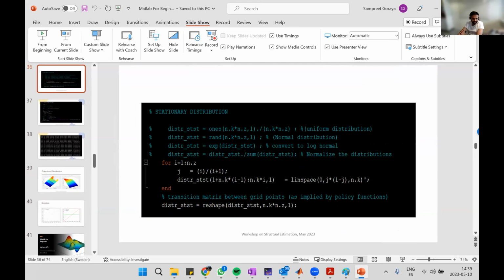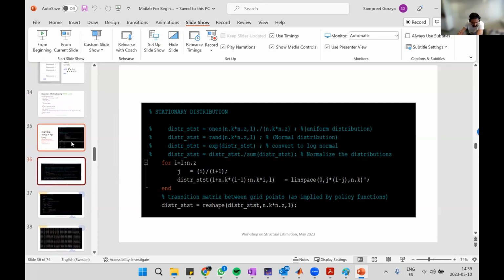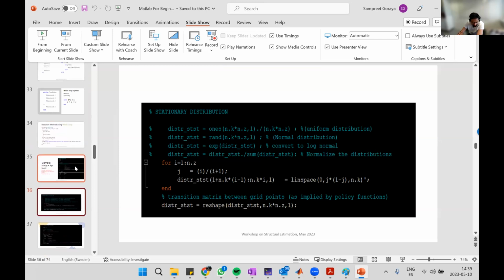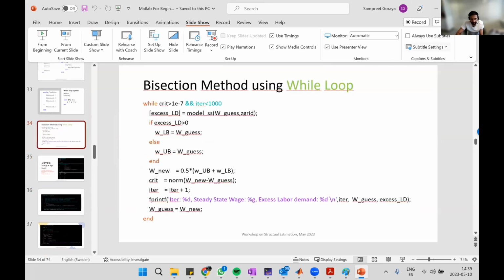Is that okay, Arushi? Okay, perfect. In the meantime, please go through these slides very quickly, and I'm happy to answer a few questions. I'm going to use this bisection method that I just showed you to pin down the prices in the Oppenheim model, so it's an important thing. See you in 10 minutes.